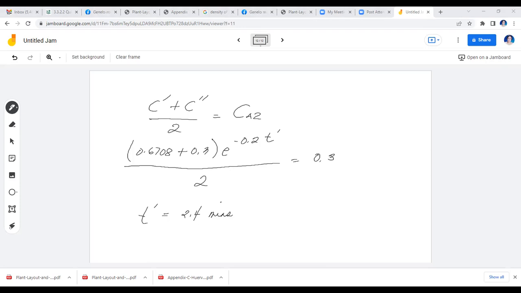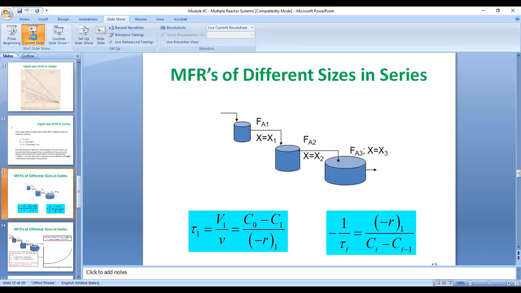Okay, so if there's none, let's go back to the slide. And we go to this part here. So the solution to this problem was already shared to you. So if we have MFRs of different sizes, then you just have to set up separate performance equations for each of your CSTRs.